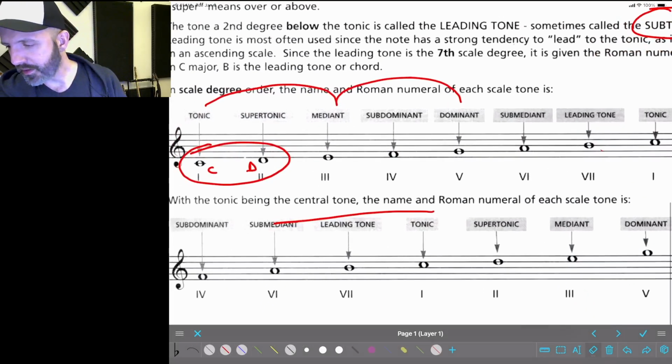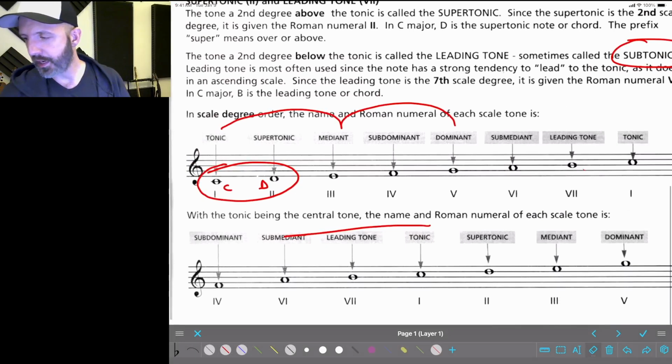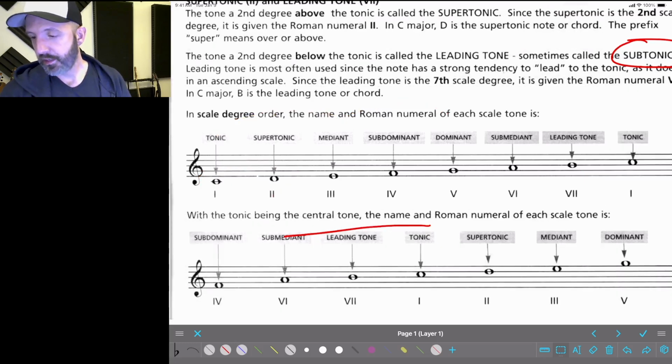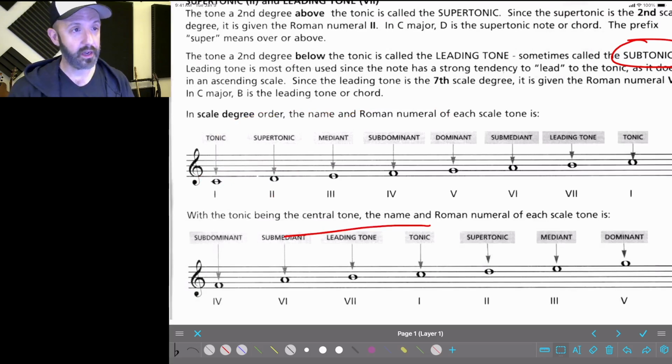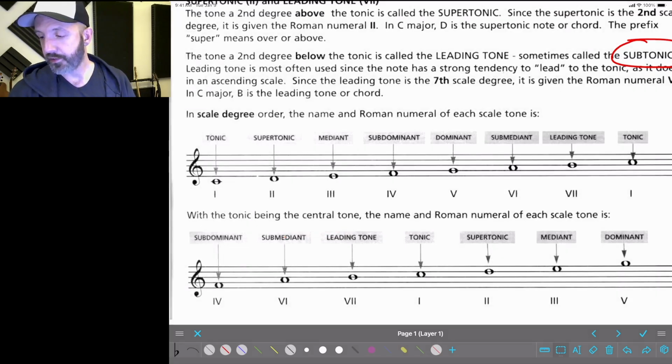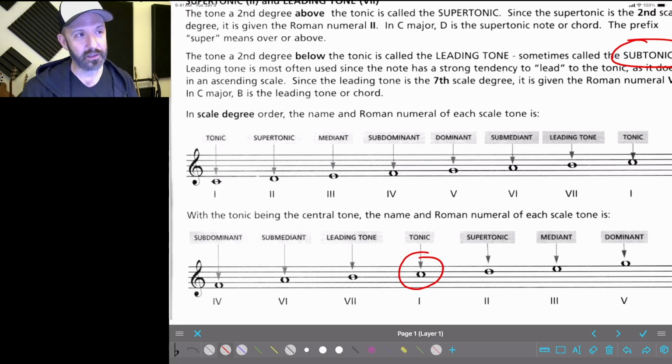Okay, so just a bunch of fancy names here. They give it to you in two different forms. This would probably be the most common: they would just list the scale: tonic, supertonic, mediant, subdominant, dominant, submediant, leading tone. But setting C major to be the center of the universe here, I think it gets easier to see where these names come from.